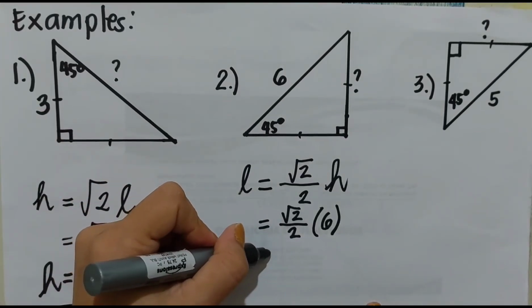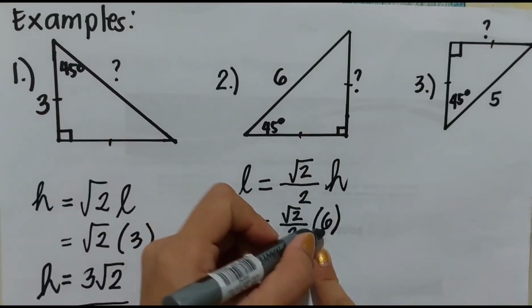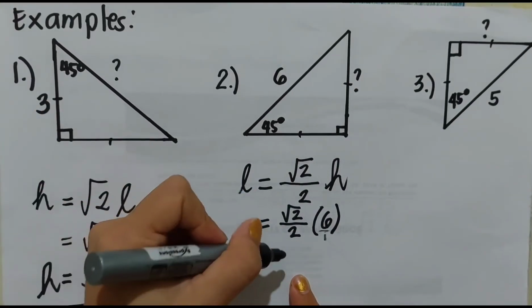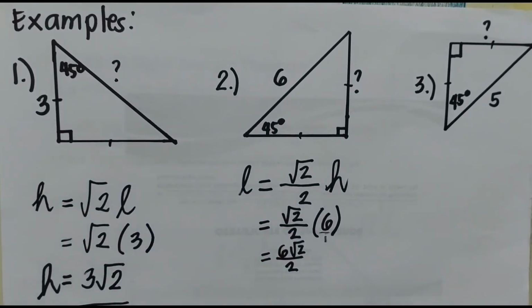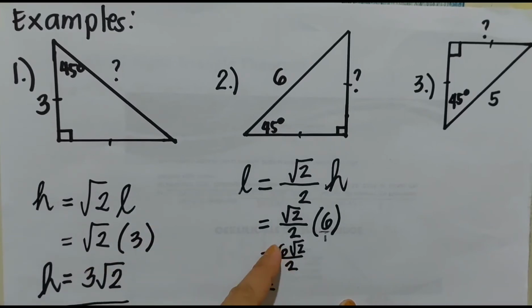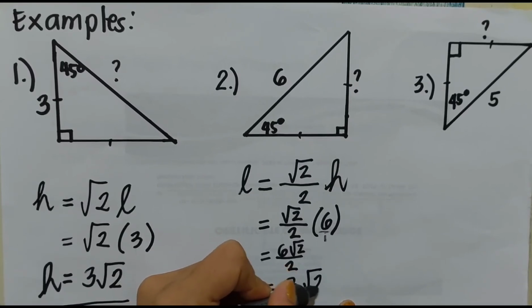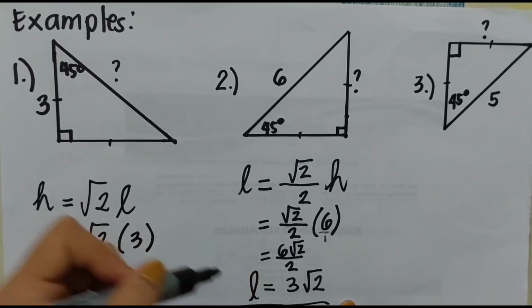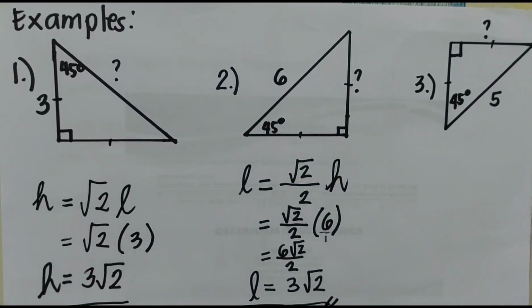Now, you simplify. You can apply the cancellation method. You can cancel 2 and 6. You can divide 6 by 2, or so as not to get confused, we multiply 6 by square root of 2. Remember that your 6 here is over 1. So therefore, you have 6 square root of 2 over 2. To simplify, we can divide 6 by 2. So 6 divided by 2 is 3, and copy square root of 2. So therefore, our leg measures 3 times square root of 2.